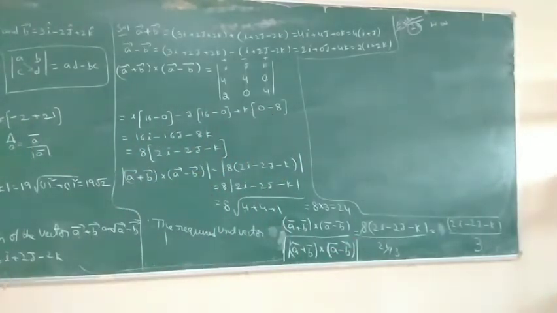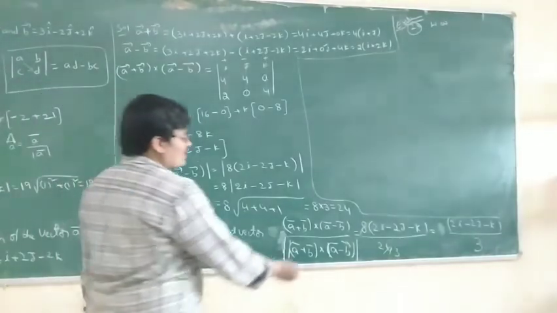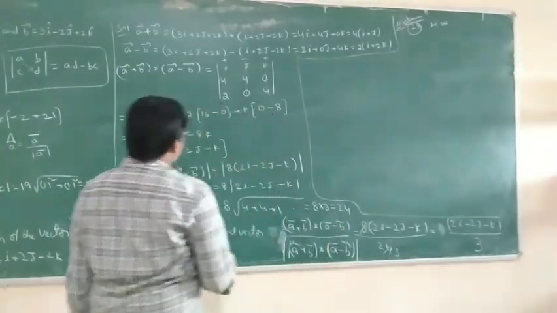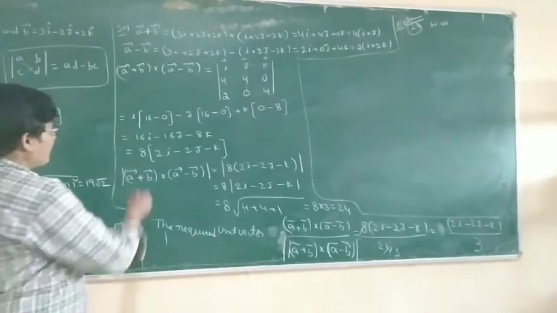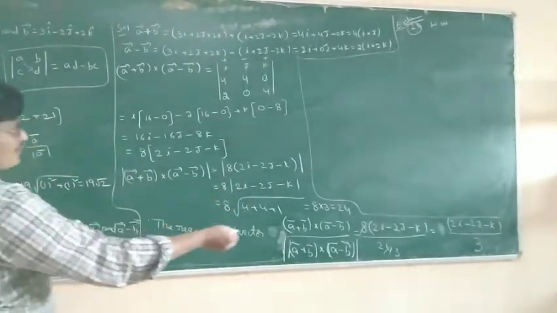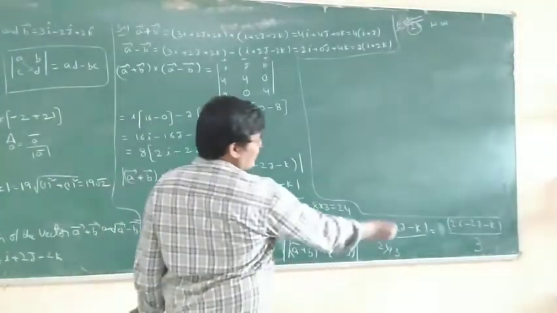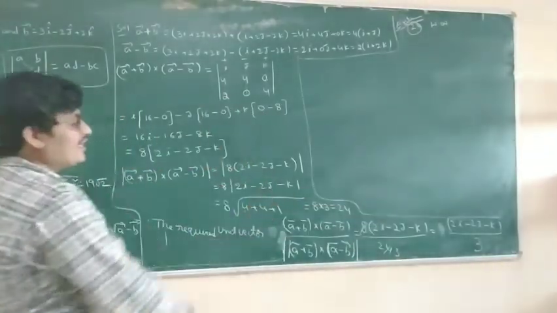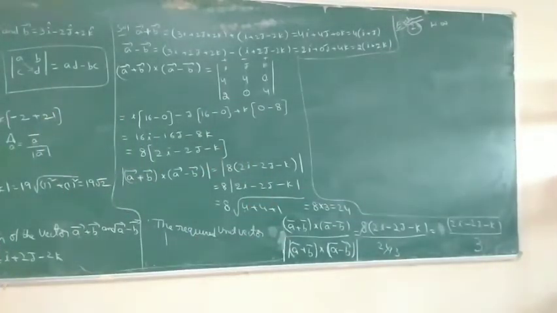Here, (a plus b) cross (a minus b) is what? 8 into (2i minus 2j minus k), but that modulus value is equal to 24. 8 by 24, so 8 over 3 is cancelled. That is the perpendicular unit vector to a plus b and a minus b.